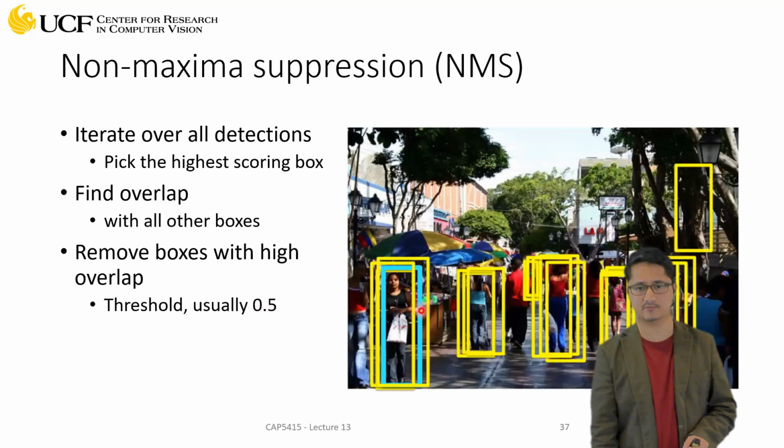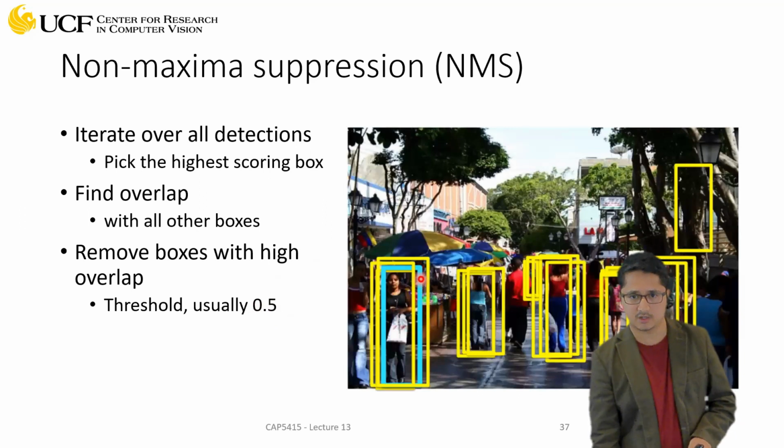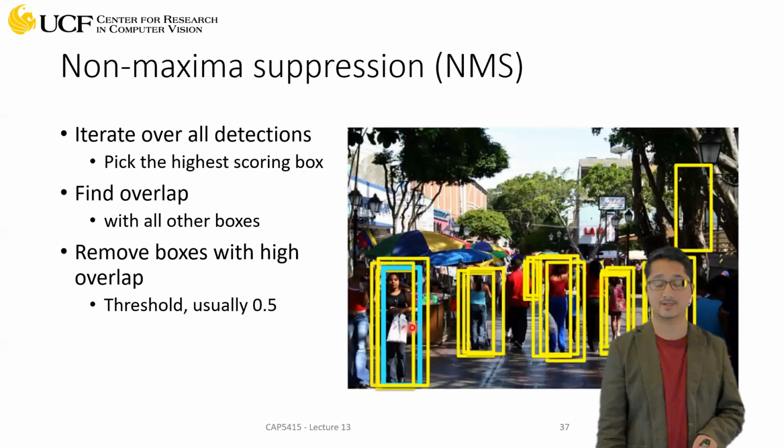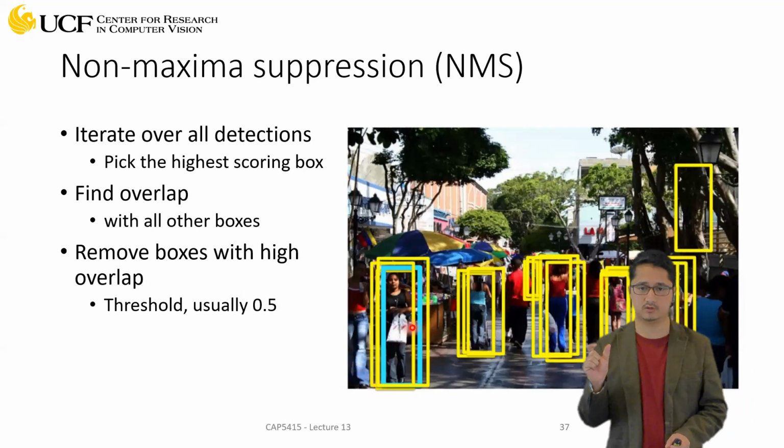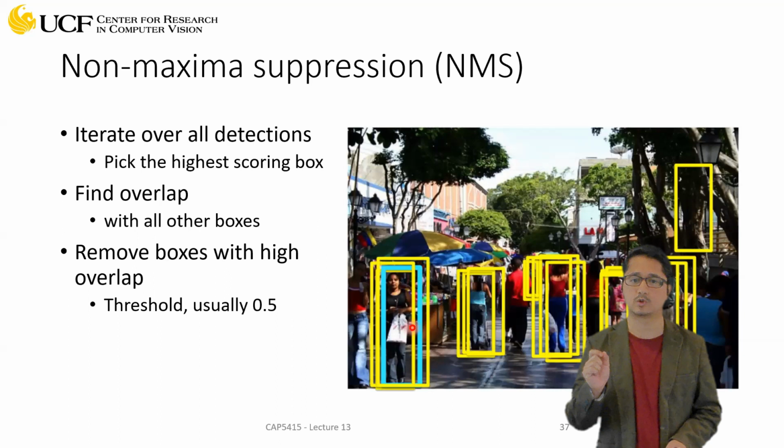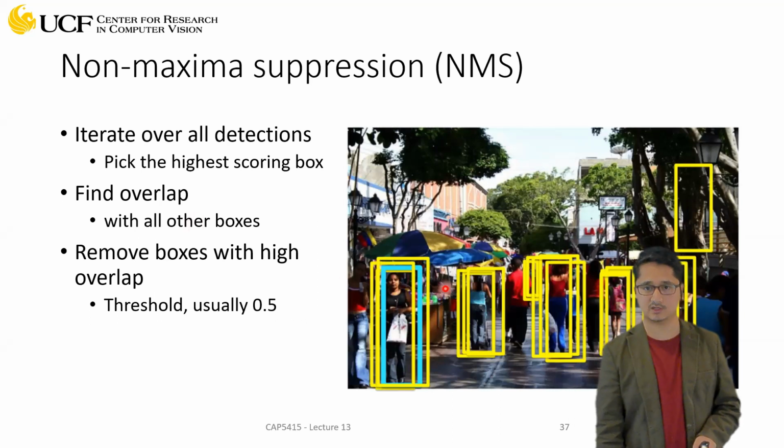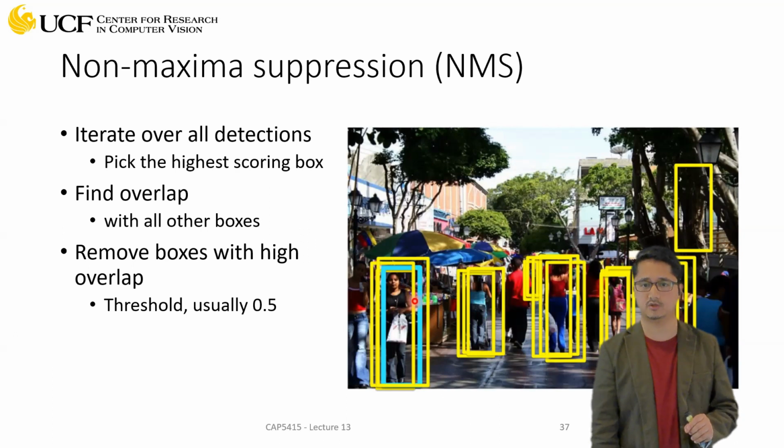Now let's understand with a simple example. Let's say this blue bounding box was the one for which your model said, with the highest probability, this is a person. We start with that and compute the intersection over union of this bounding box with all the other bounding boxes.